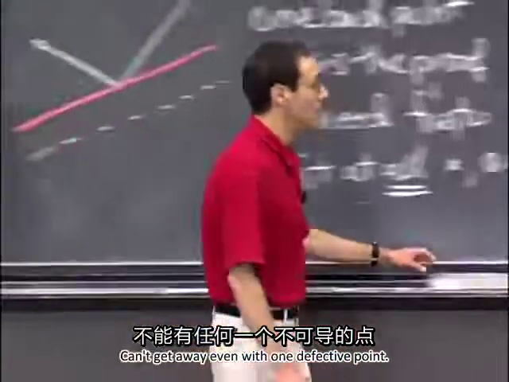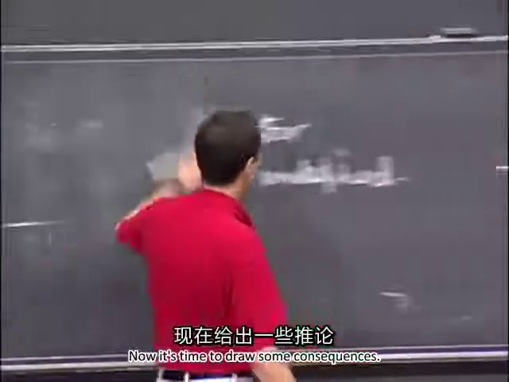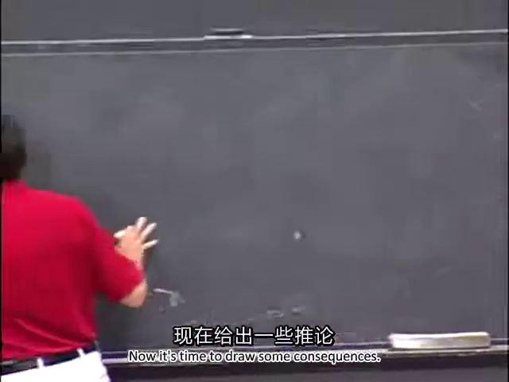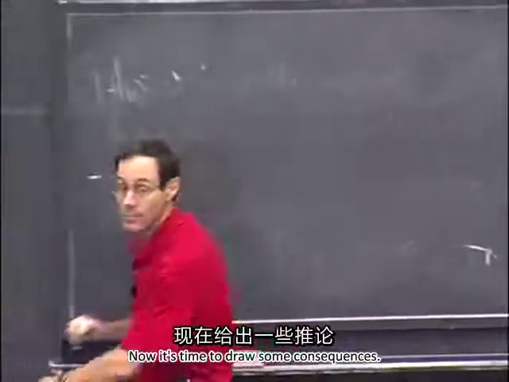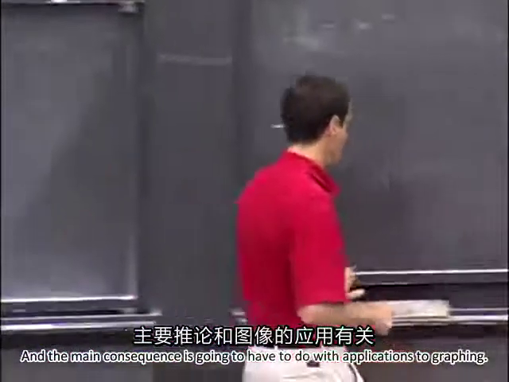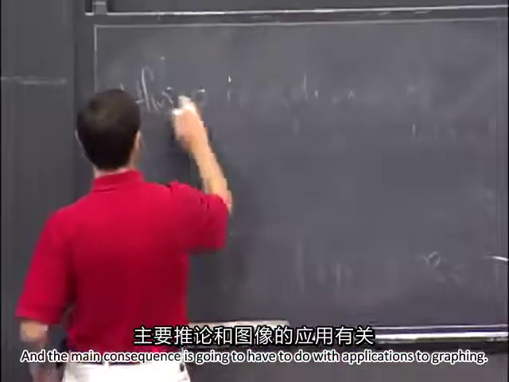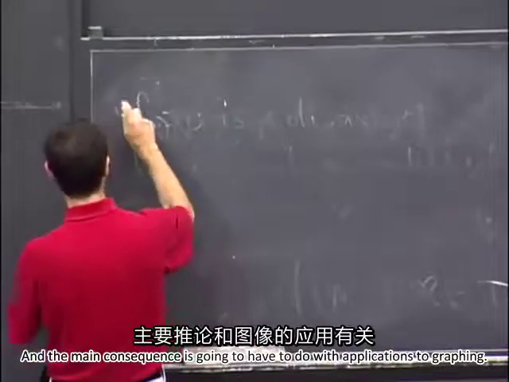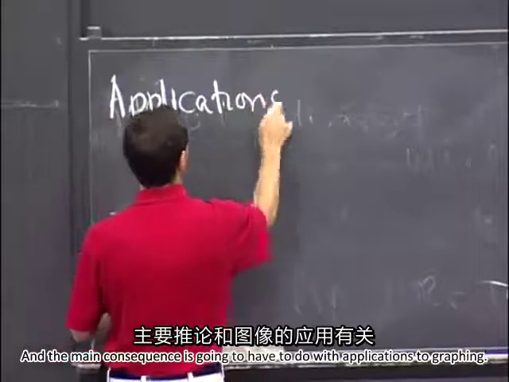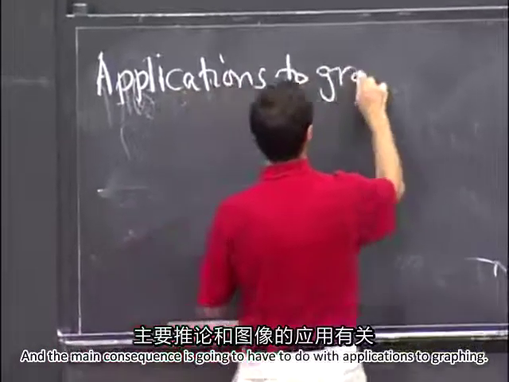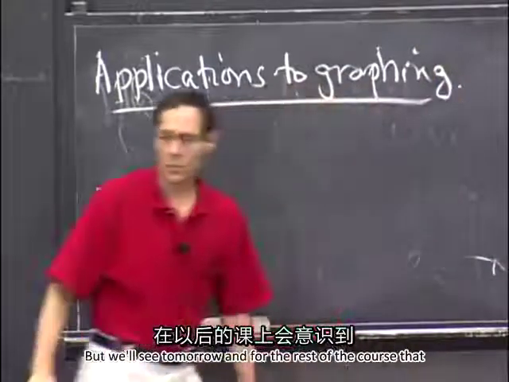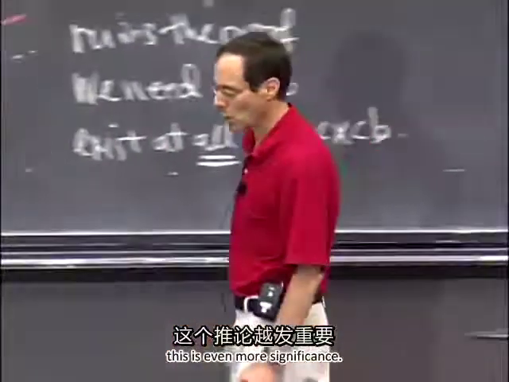Okay, so now it's time to draw some consequences. And the main consequence is going to have to do with applications to graphing. But we'll see tomorrow and for the rest of the course that this is even more significant.